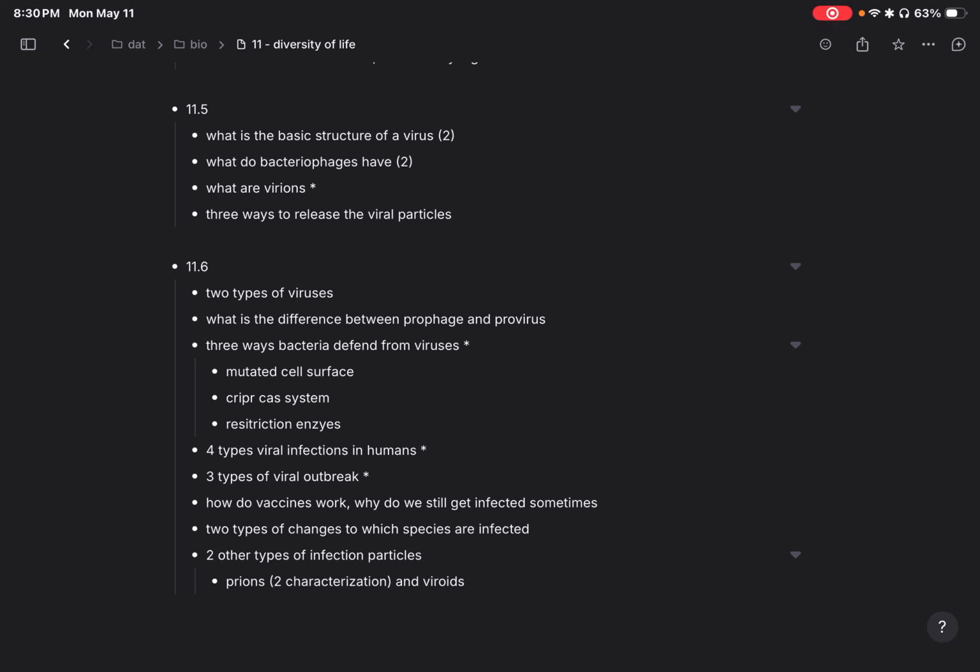Restriction enzyme. I'm trying to find the notes for 11.6. Protists. I didn't learn about 11. This doesn't talk about viruses.